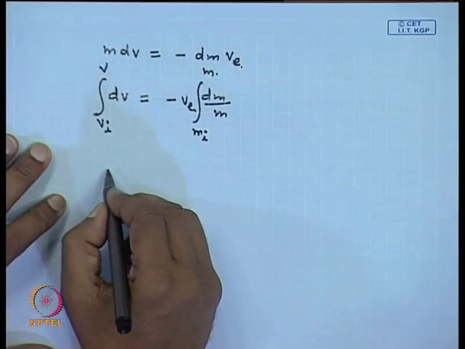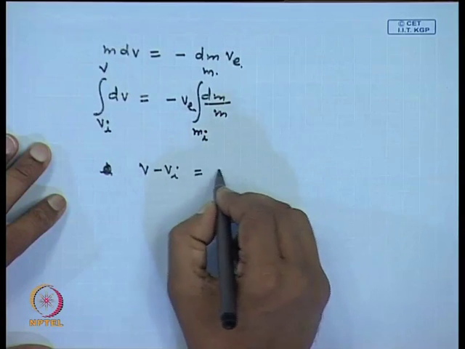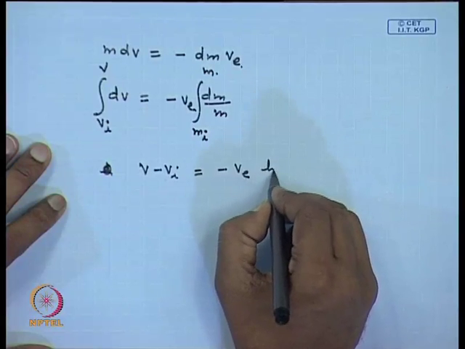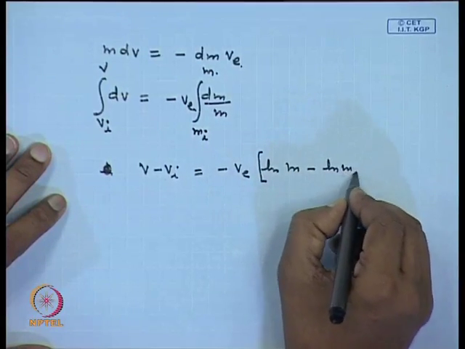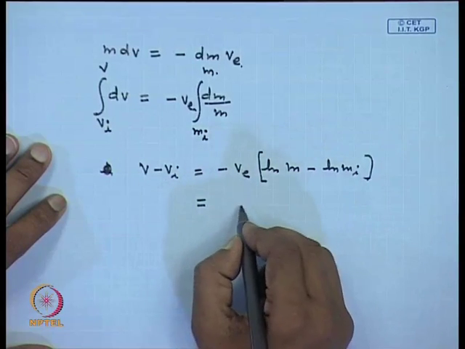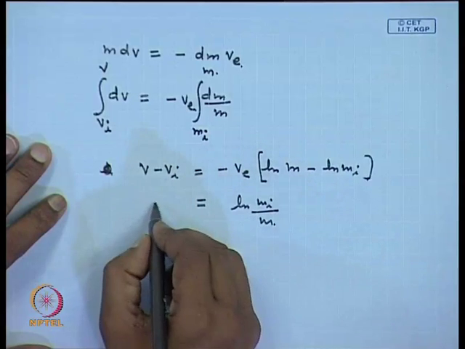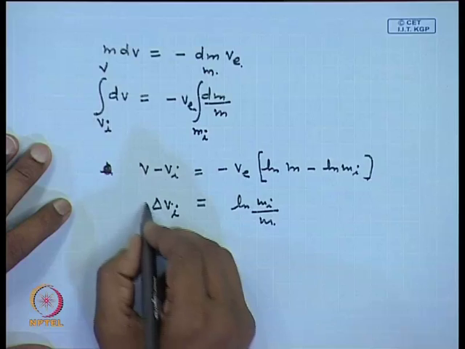So, this becomes v minus v_I equal to minus v_e times ln m minus ln m_I. So, this we can write as, and this becomes delta v_I basically.